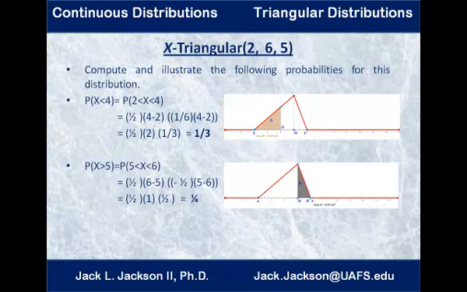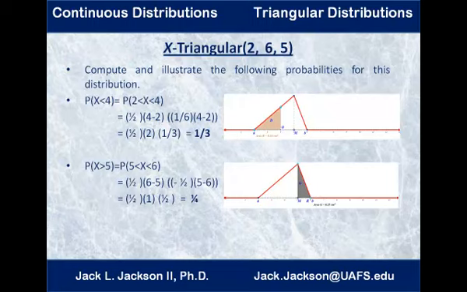That area is 1/2 its base times its height. The base is 4 minus 2, which is 2. The height is 1/6 times 4 minus 2, which is 1/3. 1/2 times 2 times 1/3 is 1/3. So that area is 1/3, or 0.3 repeating.